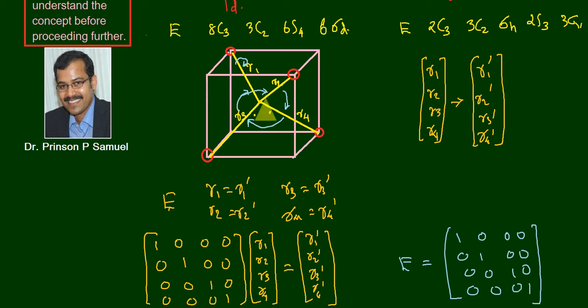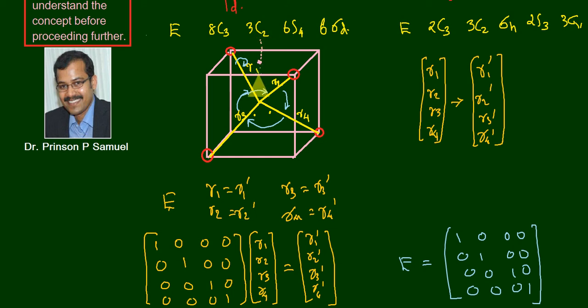There is an angle between R1 and R2, the tetrahedral angle, 109 degrees 28 minutes. There is an axis which bisects R1 and R2, passing through the center of this space. So this is that C2 axis.